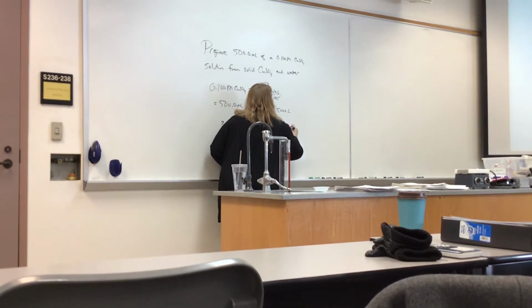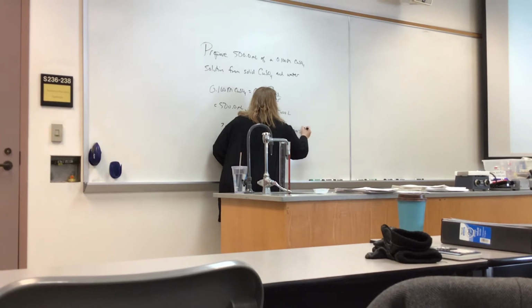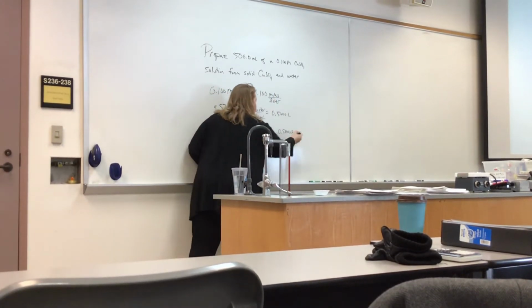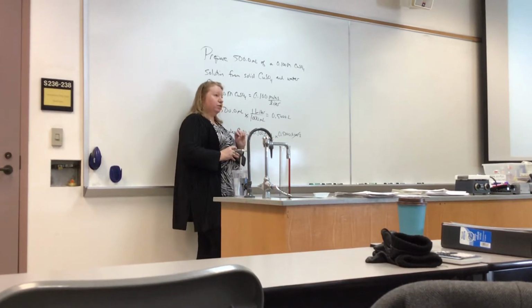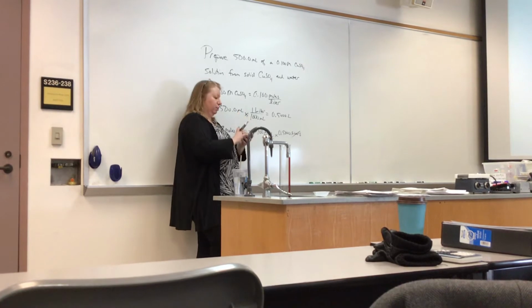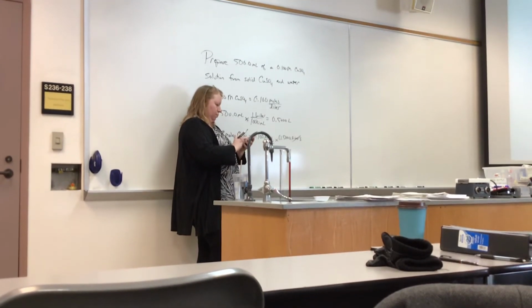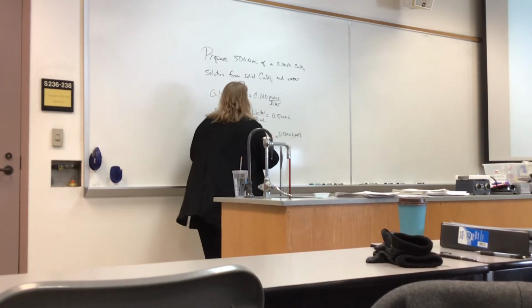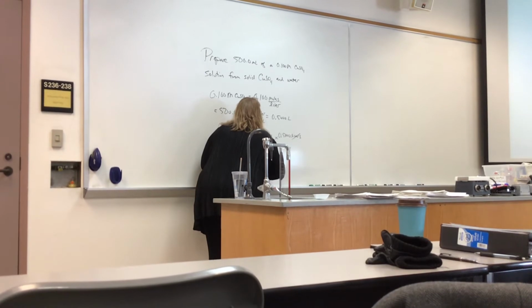I'll just write out the whole word liters here, or liter. And you'll notice that liters cancel out. If I do this math, 0.100 times 0.500, I'm going to get the moles of copper 2 sulfate. Why don't you plug it in with me? That math I could have done in my head, I guess, but I just plug it in my calculator. 0.0500.